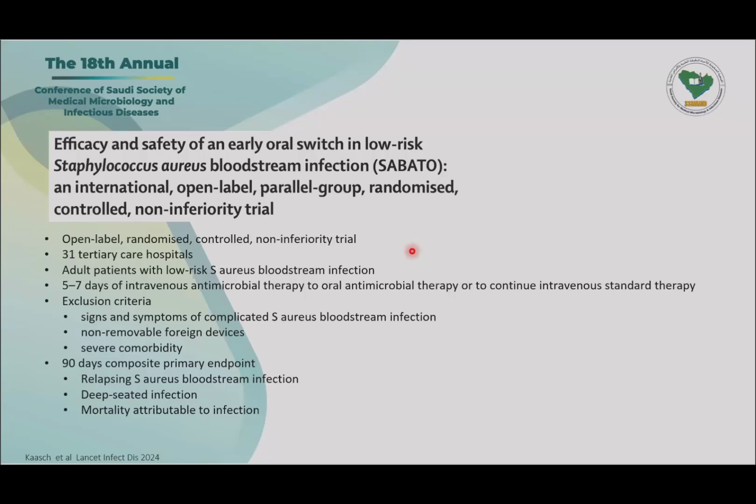They excluded any patient with any sign or symptoms of complicated Staph aureus bloodstream infection. They excluded any patient with a non-removable focus and patients with a severe comorbidity. The primary outcome was a 90-day composite outcome: relapsing Staph aureus bloodstream infection, deep-seated infection, or mortality.